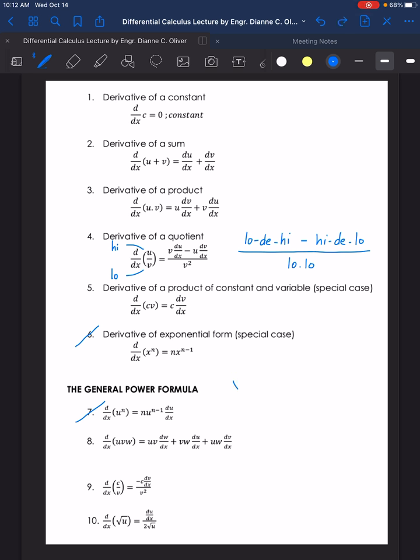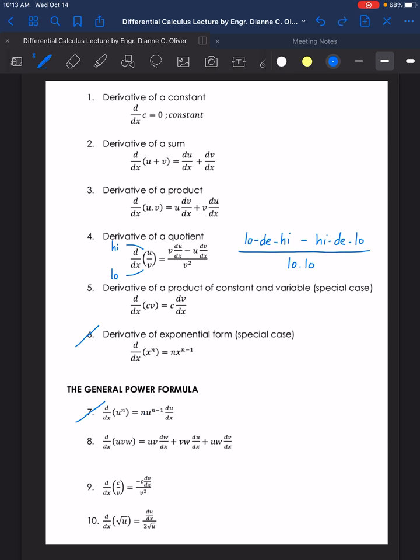Okay, so what happens? How do you derive such a pattern? Now, to derive this, we have the 4 steps. For the derivative of u raised to n, you copy the base u. So, take notice of this part. Copy the base u there.